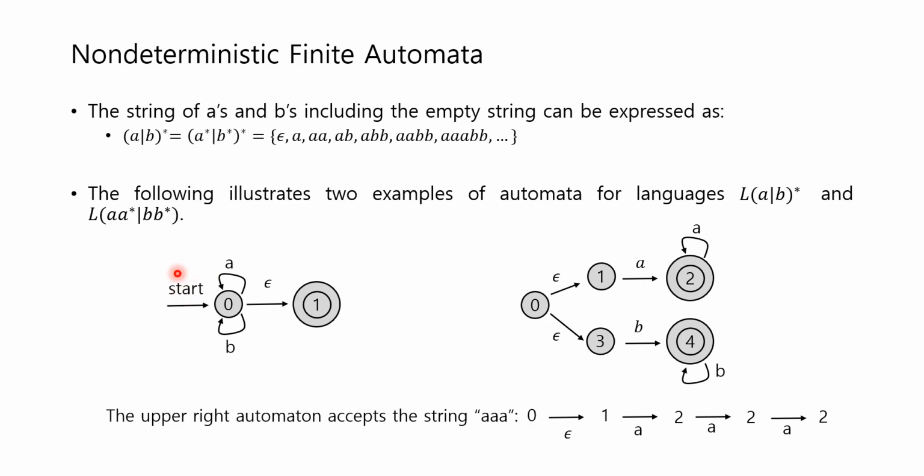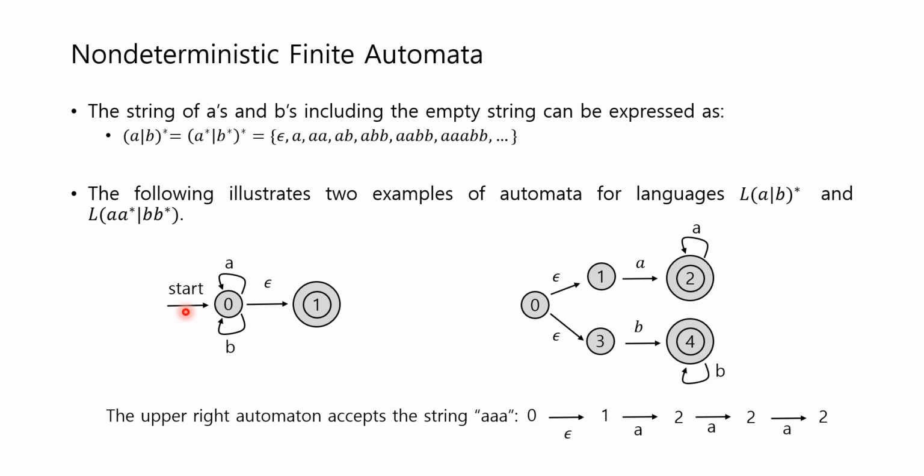For the left one, by following the edges from state 0 to 1 with A, and epsilon, we have the string A, because A concatenated with epsilon gives the string A. And let's look at AA.